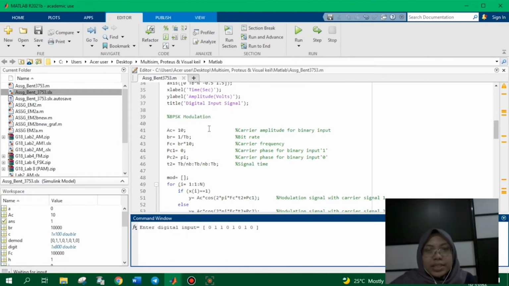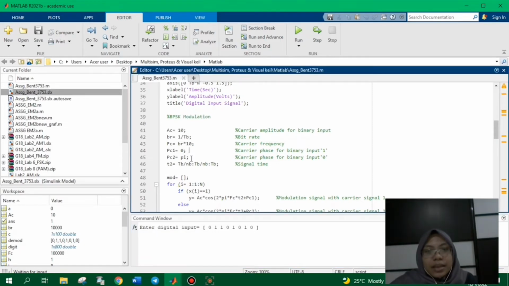For BPSK modulation, we set the carrier frequency equal to 10, bit rate equal to 1 over time bit, and for the carrier frequency, bit rate multiplied by 10. Okay, this is the carrier phase for binary input 1, this is the carrier phase for binary input 0.